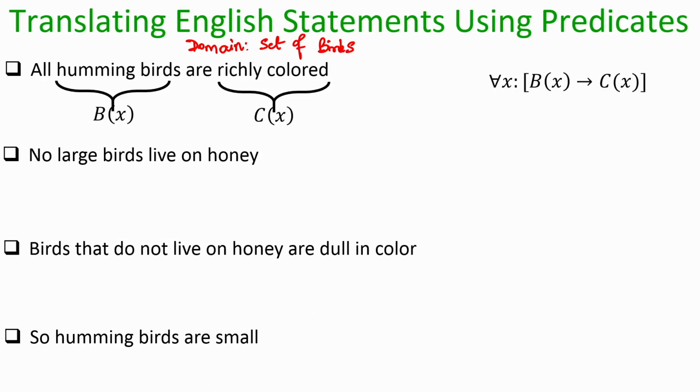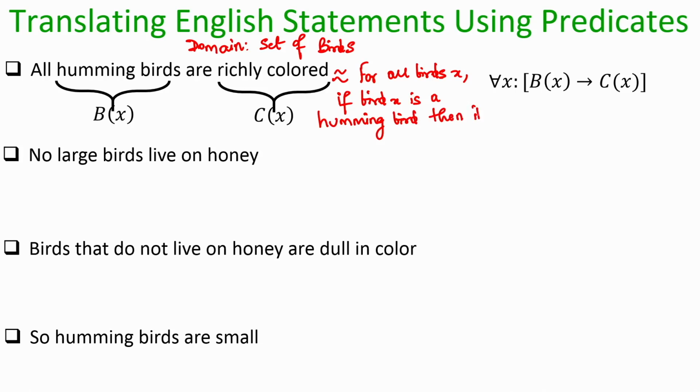If that is the case, then this statement will be represented by for all x, B of x implies C of x, because an equivalent form of this statement is: for all birds x, if bird x is a hummingbird, then it is richly colored.